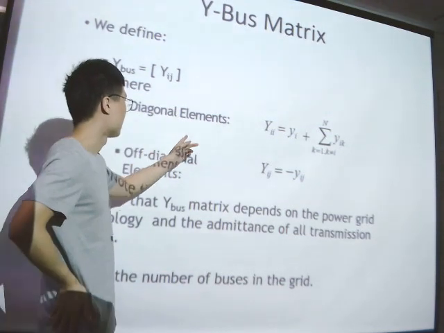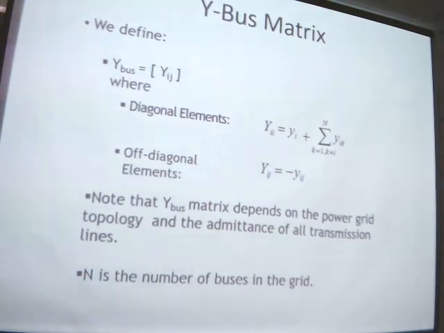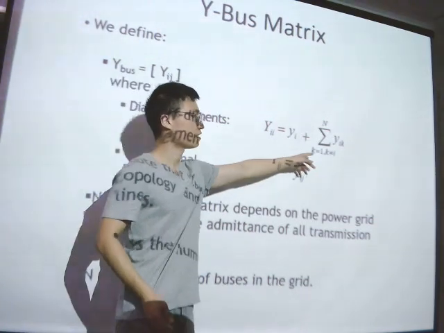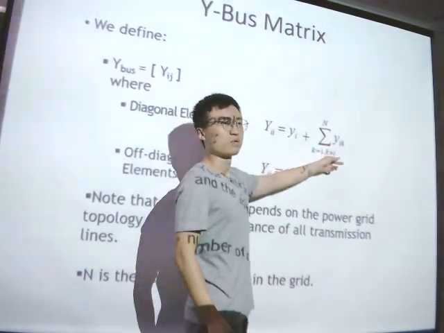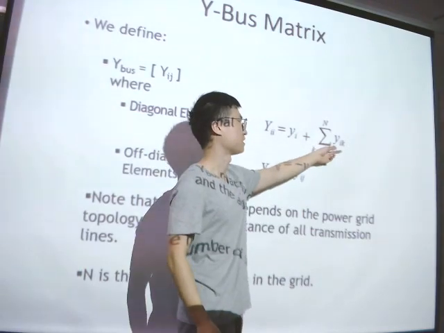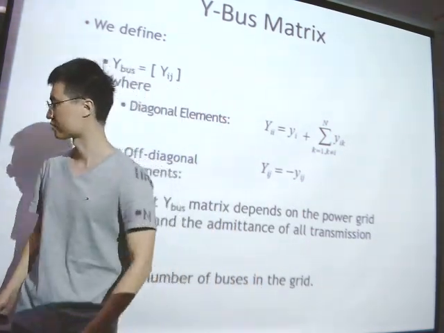For the self admittance, we know the others are grounded, so the self admittance of bus A is the sum of the admittances of the lines connected with this bus, here Y1 and Y2.